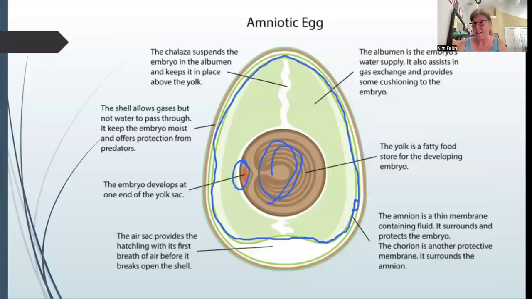It allows for gas exchange. And then with the placement of the shell, the shell would allow for the gases to go in and out and keep the embryo moist, keep it from drying out. So basically, it doesn't allow water to go through, but it does allow the gases, the oxygen and the carbon dioxide, which we need.